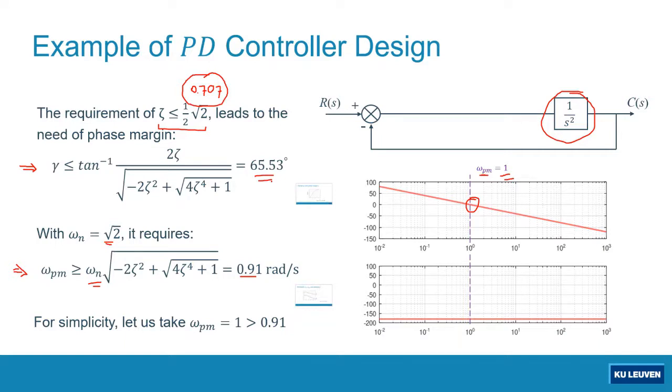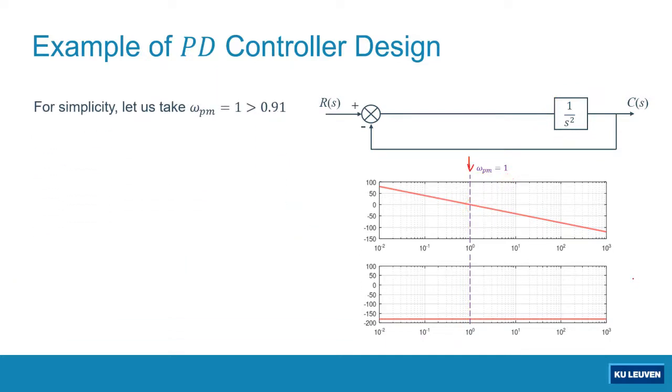But at the current moment, the phase margin is too far from 65.53 degrees. So what do we have to do? The phase value of our current system is always negative 180 degrees over all frequencies. What can we do with it? We have to change the shape of the phase plot in our Bode diagram now.